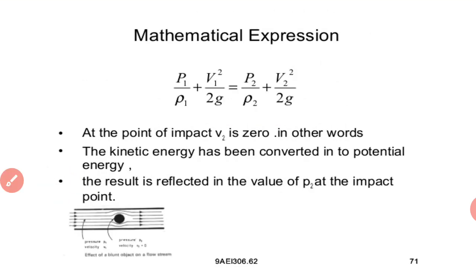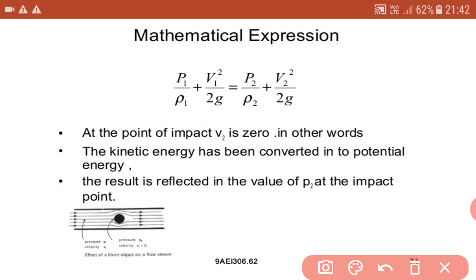And this is the mathematical expression: P1/rho1 + V1²/2g = P2/rho2 + V2²/2g. At the point of impact, V2 is 0.